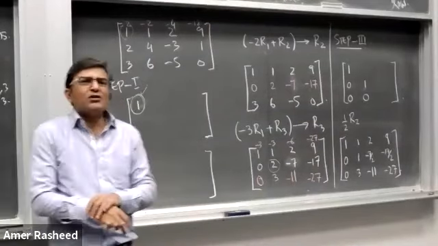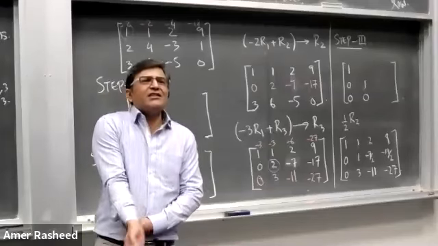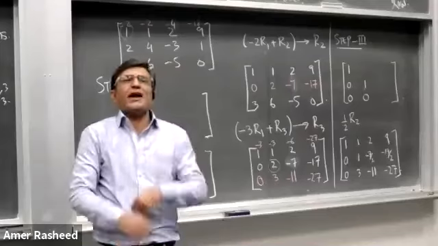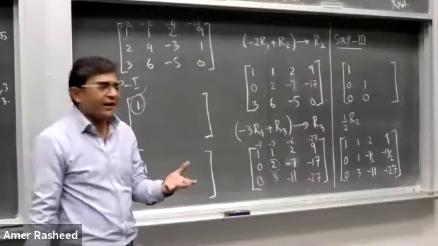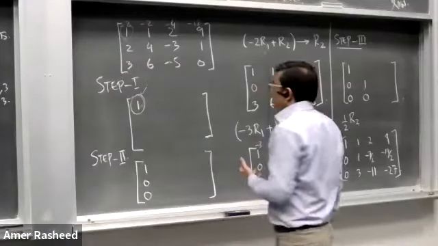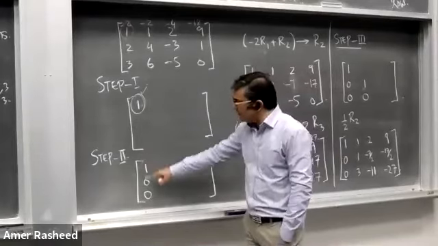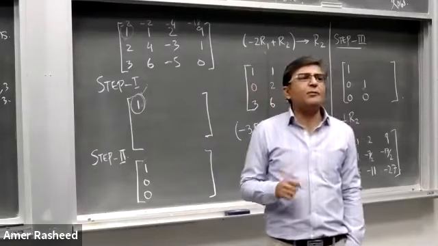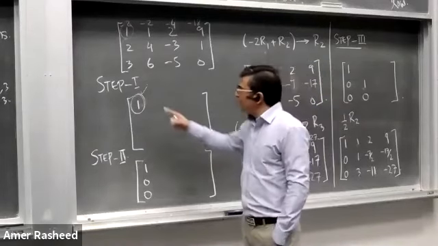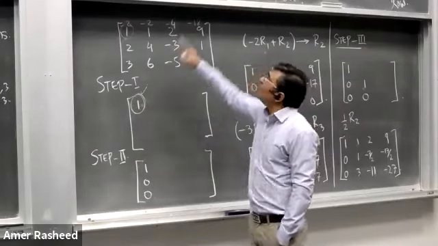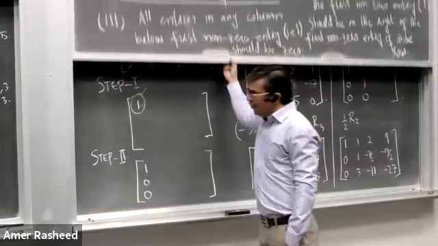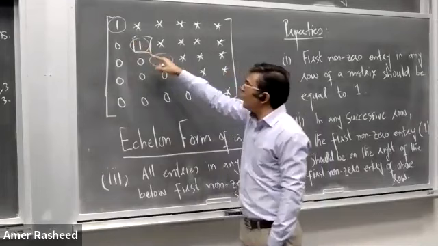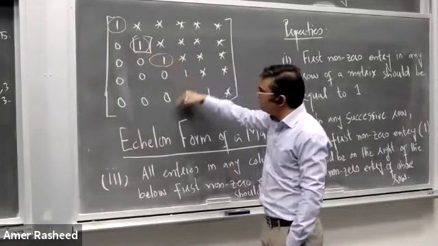Some books say that it is not necessary that you get 1 as a first non-zero entry. It could be anything. But in that case, making 0 below that entry will be difficult. So I would prefer that you make 1 in the diagonal entries. It will make it easy to get zeros below.